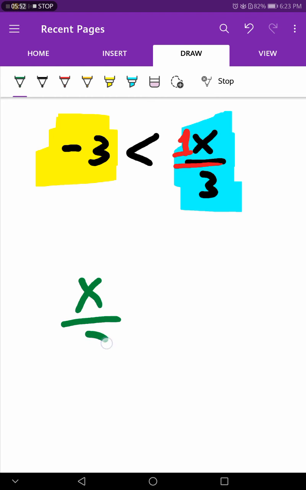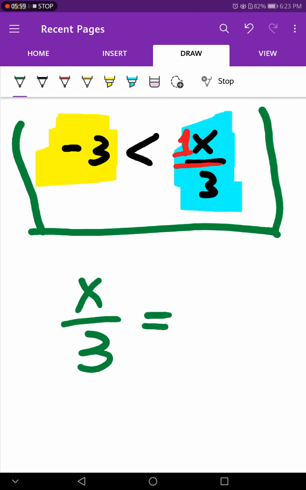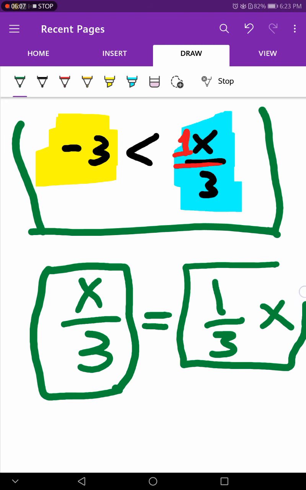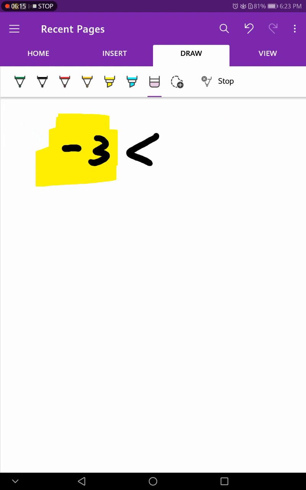Actually, Yaman, let me tell you some information. X over 3 does not belong to this lesson, okay? X over 3 is equal to 1 over 3 multiplied by x. This and this are equivalent, the same, okay, my boys? By the way, now let us come back to the lesson here. Okay, it was x over 3.